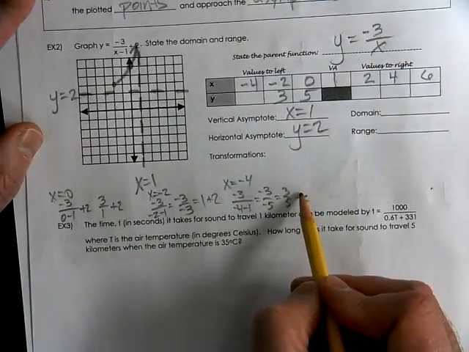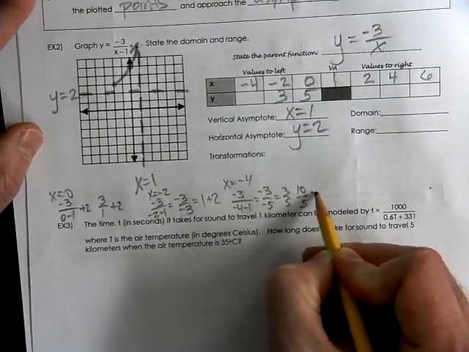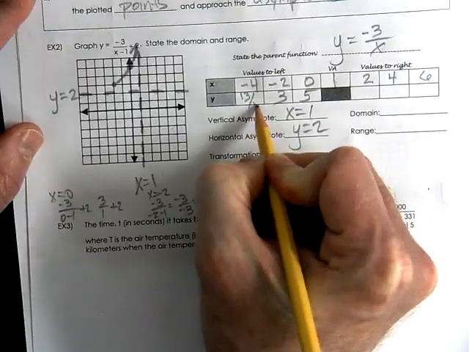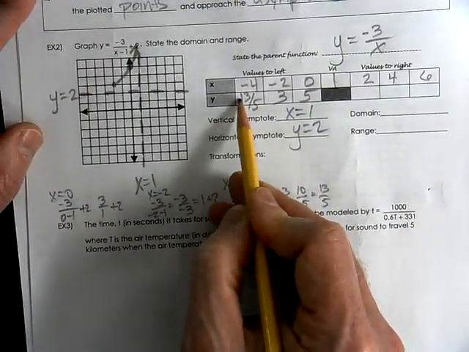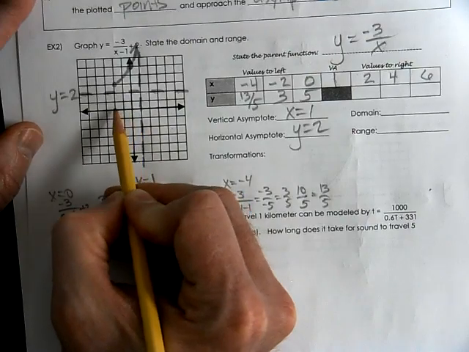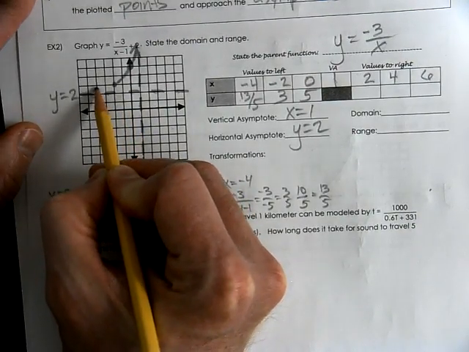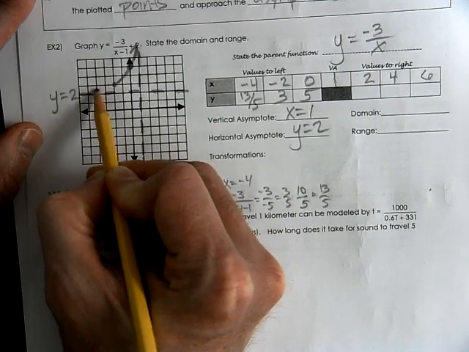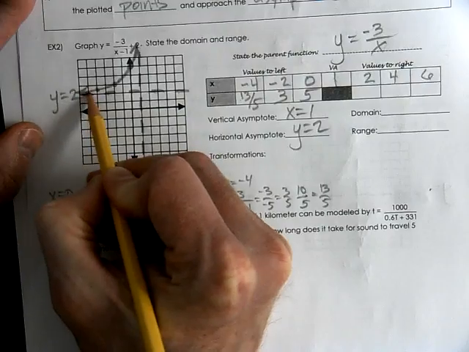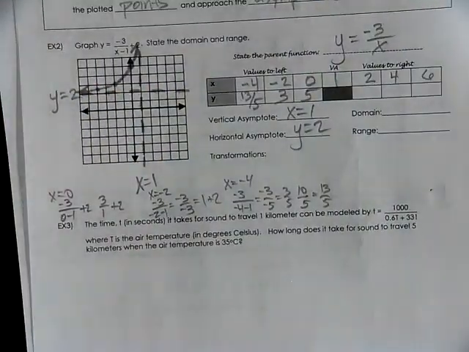So what's my numerator going to be? 10. So that's 13 over 5. 13 over 5. That goes in there 2 3/5. 1, 2, 3, 4. Up 2 3/5. That's just over a half. It's about 0.6. There's our graph.